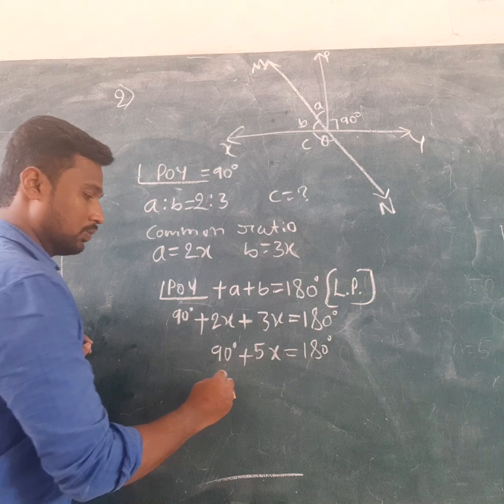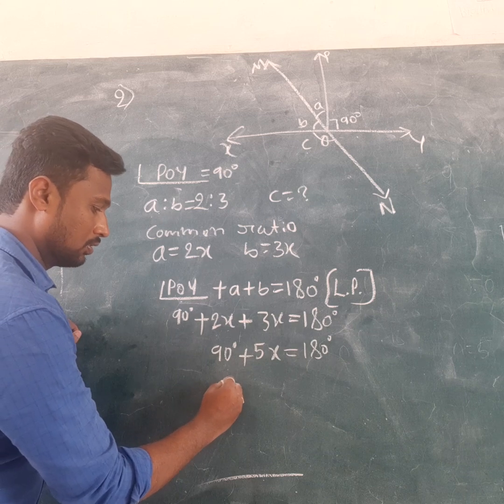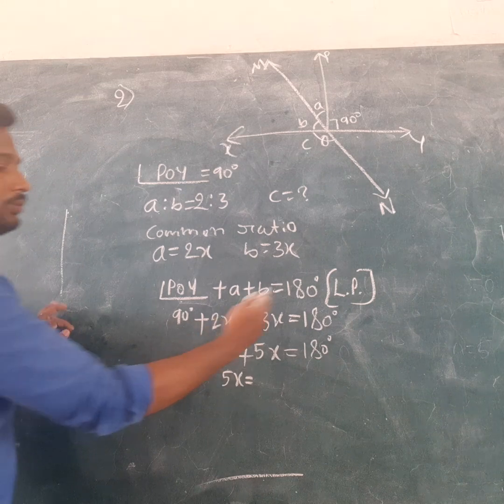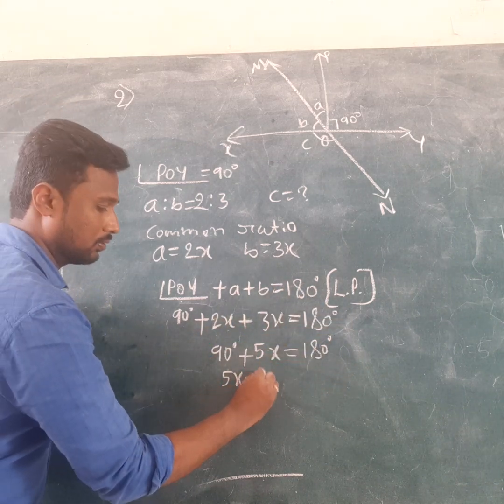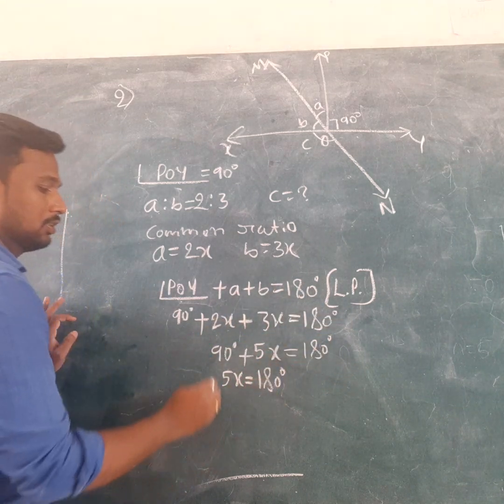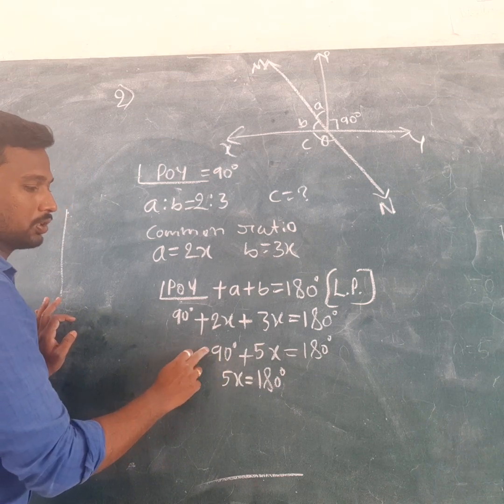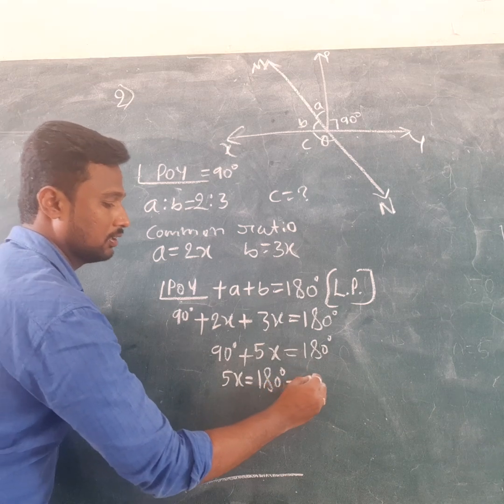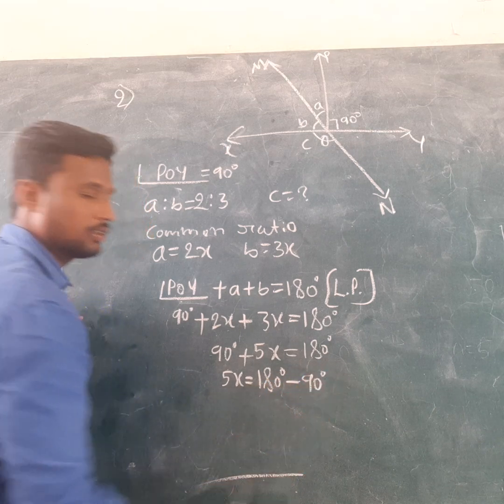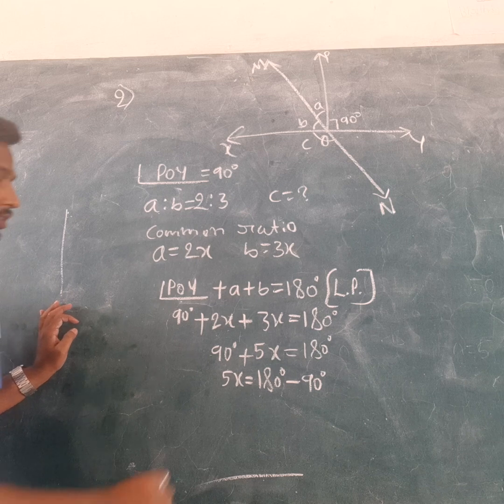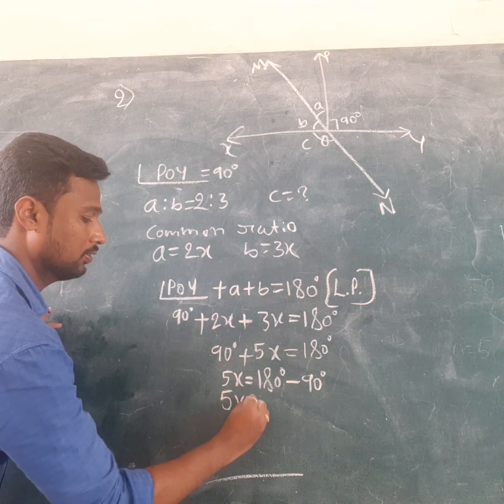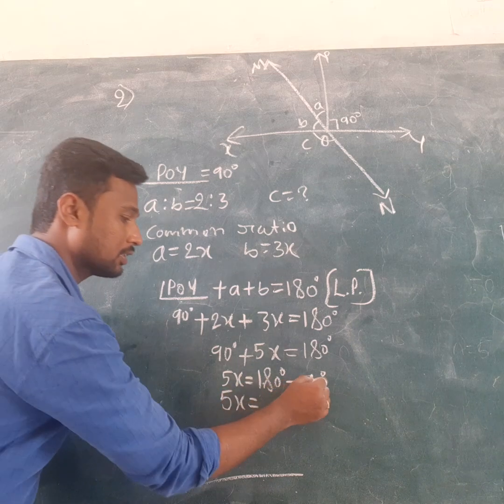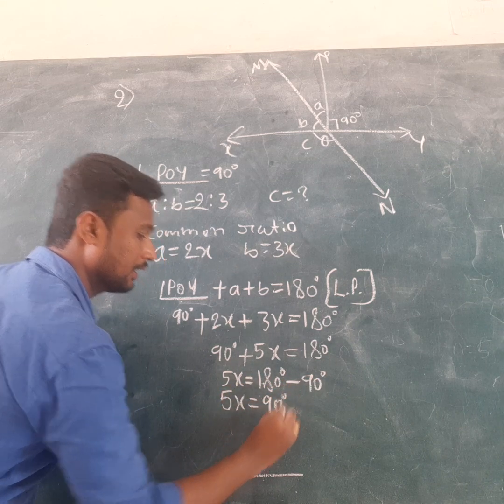Okay. So now 5x is equal to, I will send this 90 degrees to the right hand side. So 180 degrees. This is positive now. When I send it from left hand side to right hand side, it becomes negative: 180 minus 90 degrees. So 5x is equal to 180 minus 90, which means 90 degrees.